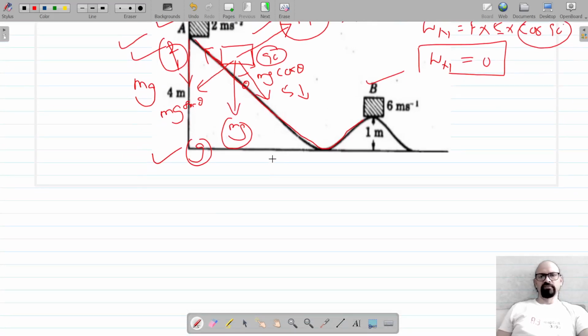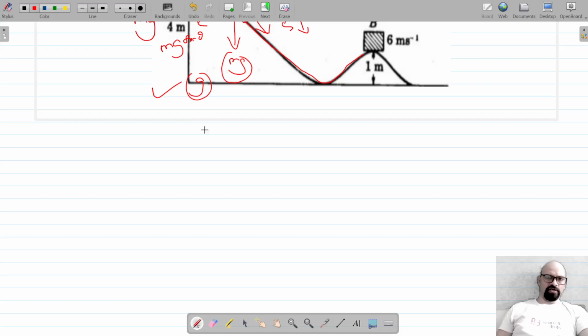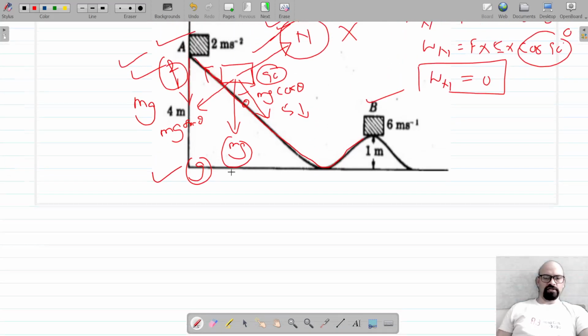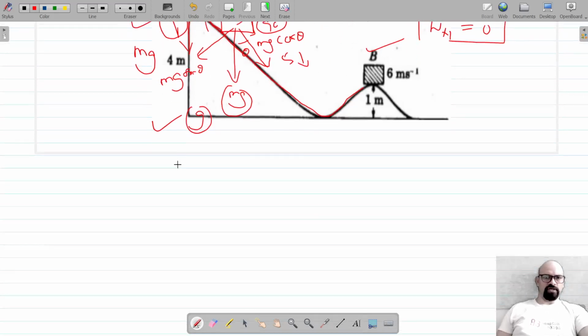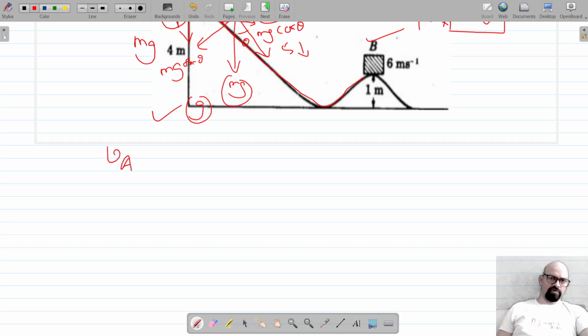Now we have to find the net work done, which is done by the force of friction and the gravitational force. Before that, let's write down the information that we have. The velocity at point A is 2 meters per second. The velocity at point B is 6 meters per second.